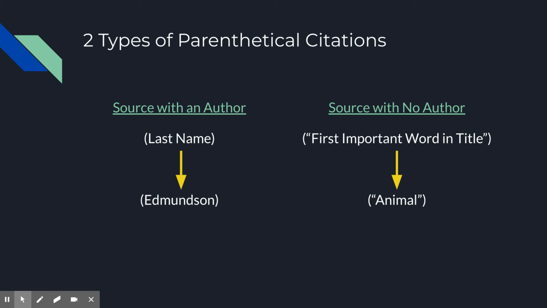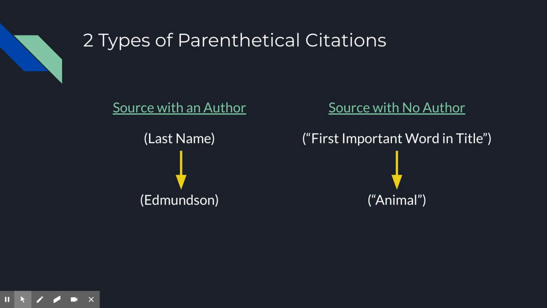First, if you have a source with an author, it is always going to be the author's last name. Always. No quotation marks around it, because a name does not necessarily have quotation marks around it. But if your source has no author, which is how it is on a lot of internet sites, you want to take the first important word in the title. In our examples, it was animal, and you want to put it in quotation marks.